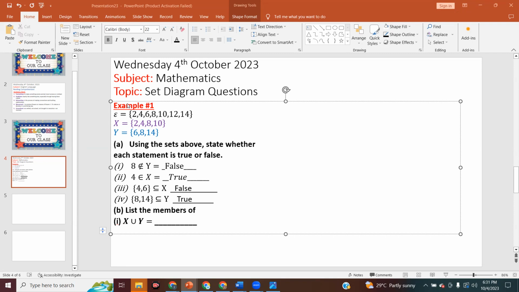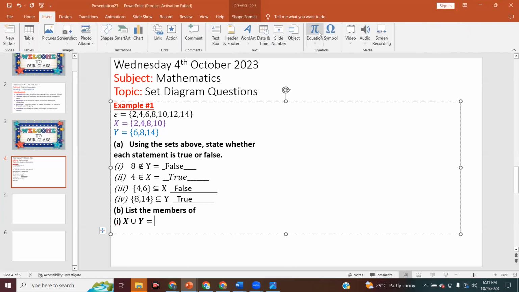If we're looking at the union of these two sets, obviously the union will contain all of the elements in X and all of the elements in Y. Do we repeat elements, Latavia? No, sir. Even though they have a repeat, you do not repeat them. So don't repeat elements when you're writing the union.